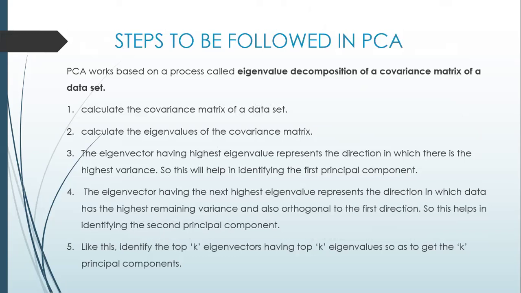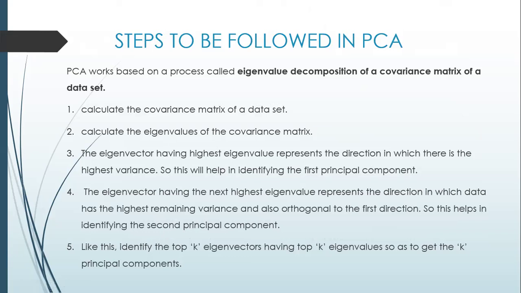Now we are going to see the steps involved in PCA. Basically, principal component analysis works on the idea behind eigenvalue decomposition of a covariance matrix. First, we have to calculate the covariance matrix of a data set. Next, we calculate the eigenvalues of the covariance matrix.